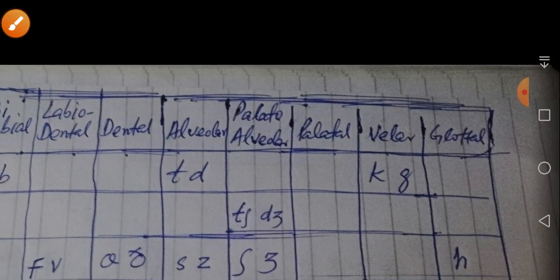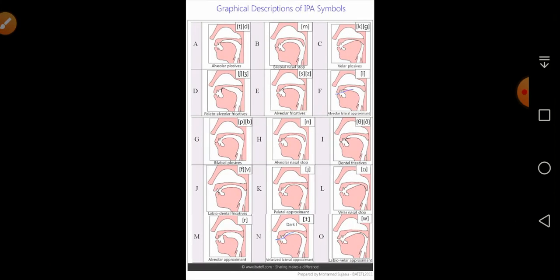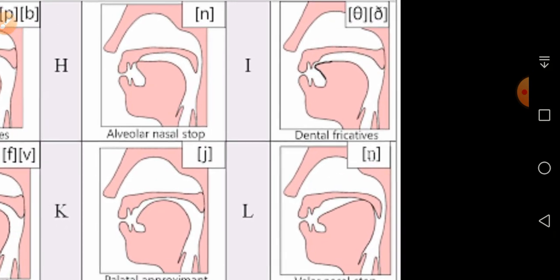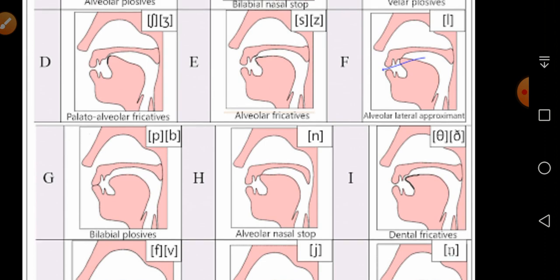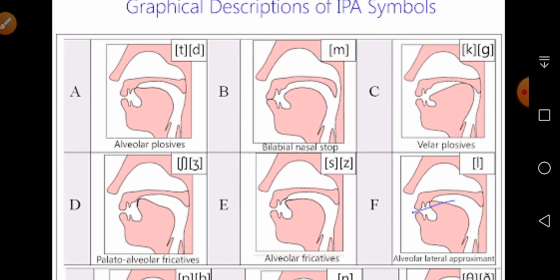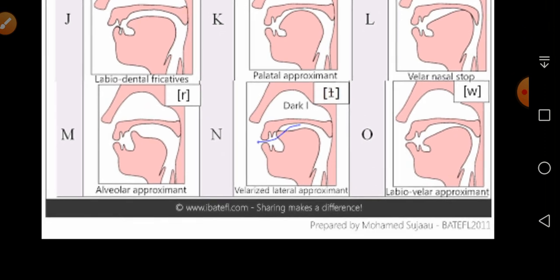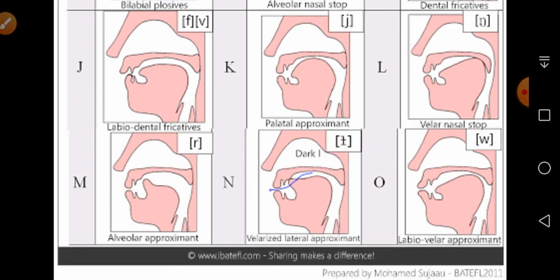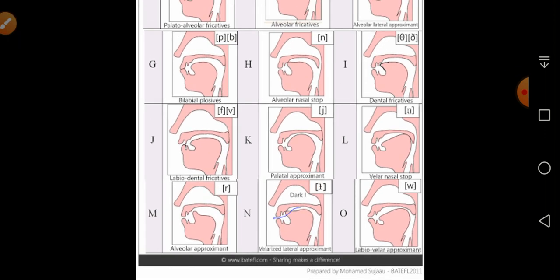Let's trace it in the picture. Maybe it is not given in this picture set. Anyhow, this is known as the glottal sound. Glottal means that it is produced in the glottis.